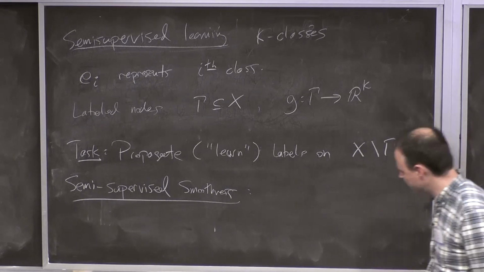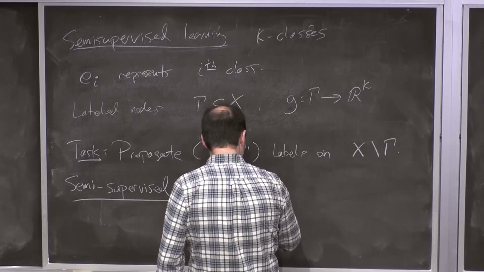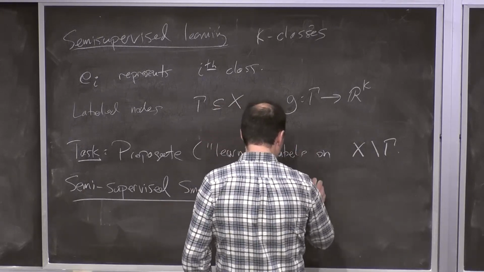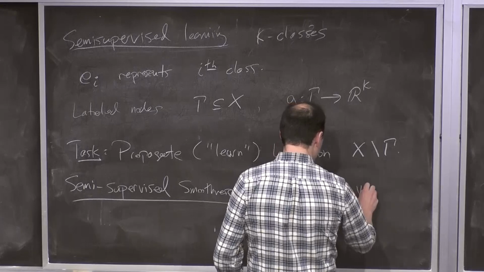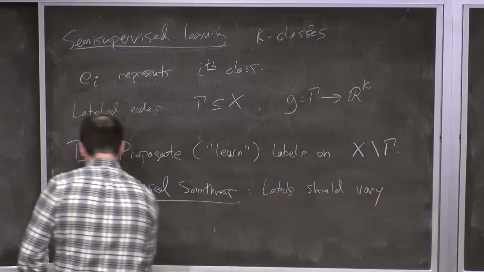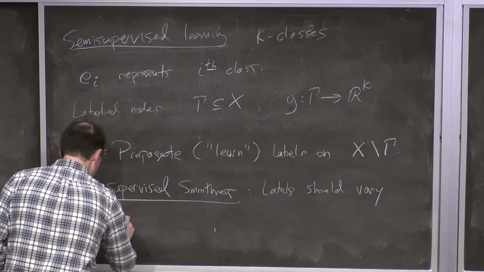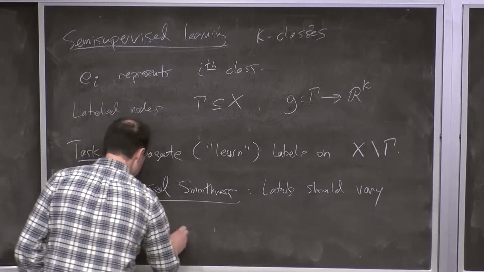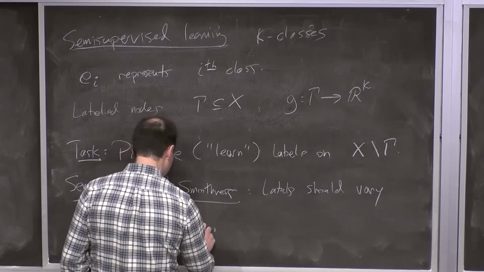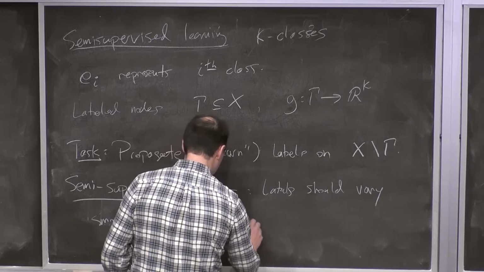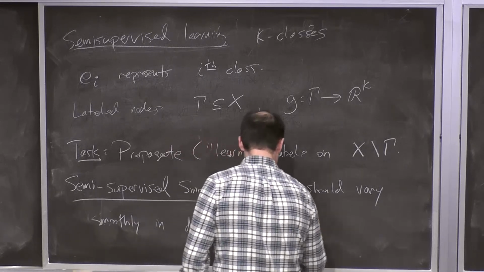And extend the labels. Okay? So labels should vary smoothly in dense regions of the graph, or of the data.